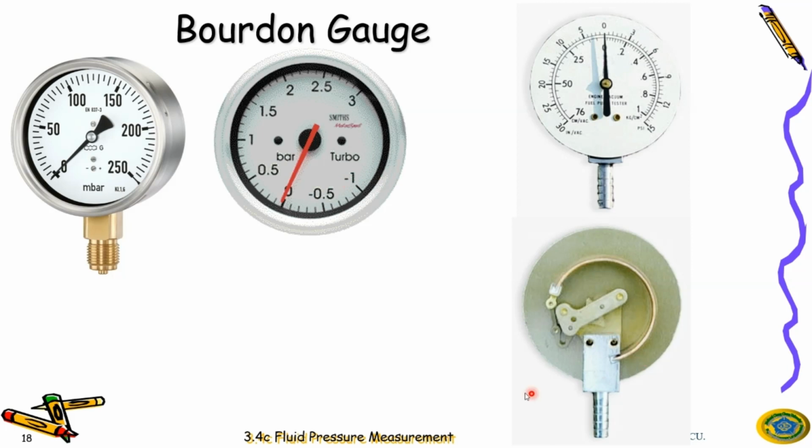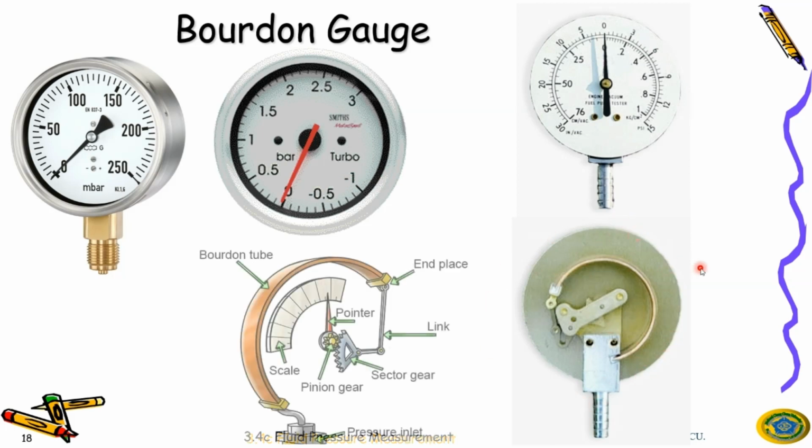So how does this work? This is how it looks. The pressure inlet is here, and you have a tube, what we call a Bourdon tube. It's a flat, curved tube. This end is sealed, and this end is open to let the pressure go in and out.